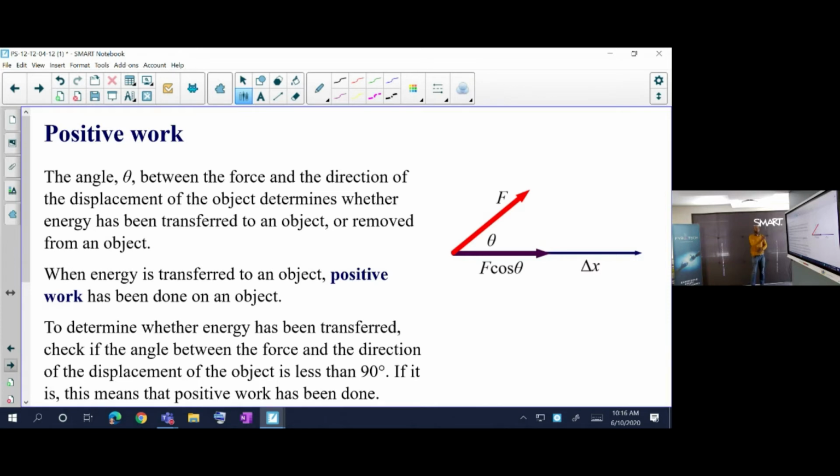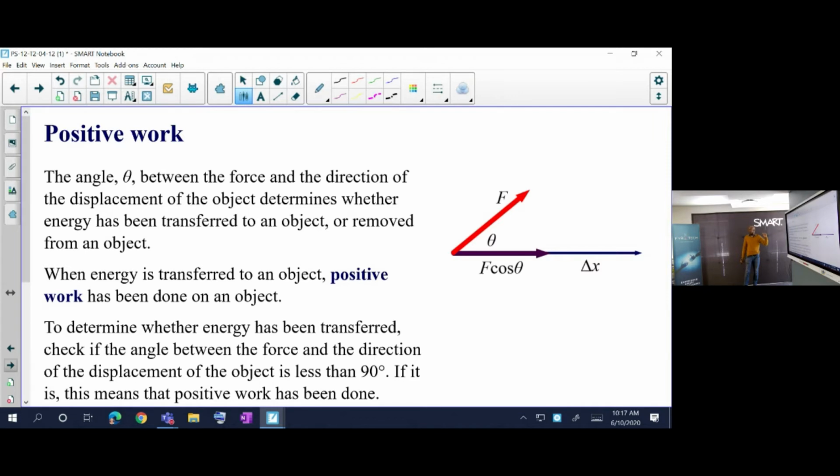Okay, that is far right there. If you look at it, we have this angle theta, and the force applied, and the distance that is going to be covered in the direction of the force. Okay, the angle theta between the force and the direction of the displacement of the object determines whether energy has been transferred to an object or removed from an object.